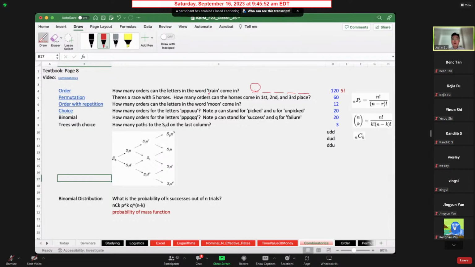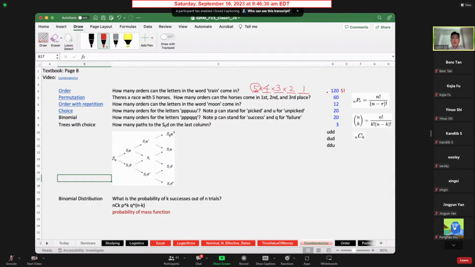So the 5 different letters can come here. Once you use one letter, there are only 4 choices left, so you can use 4 letters here. Of course, now it goes this way: 3, 2, 1. But these possibilities need to be multiplied. These are the product of these numbers to calculate all the possible combinations. So this is gonna be the answer, 120.